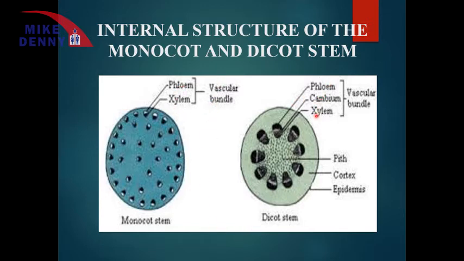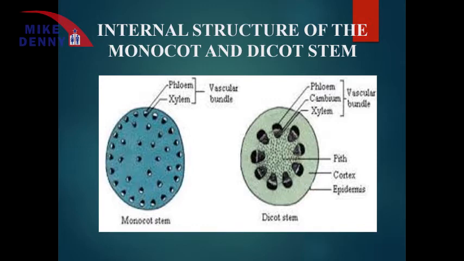In between them is the layer called cambium. Then the pith, this inner portion. Here we have the pith, but here there's no pith. Then we have the cortex, the inner space here. Then we have the epidermis, which is the outer layer.